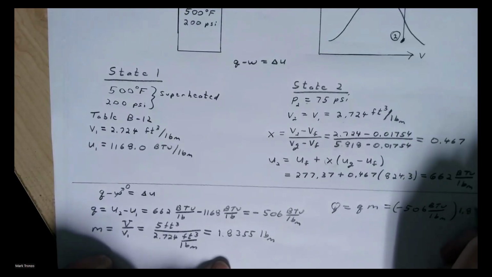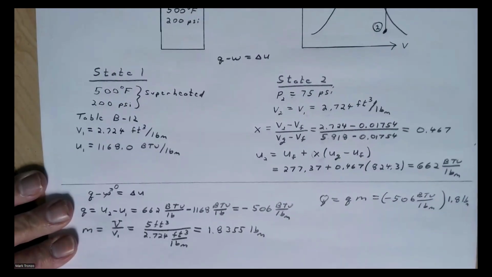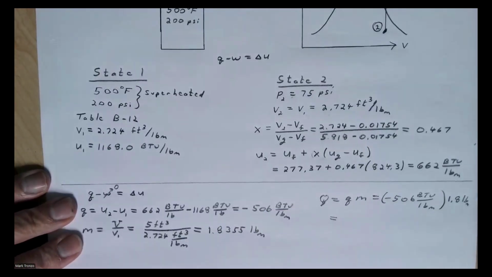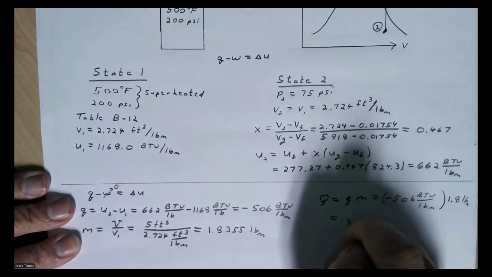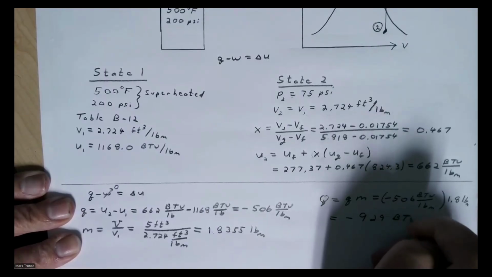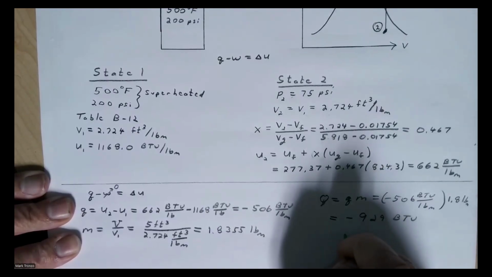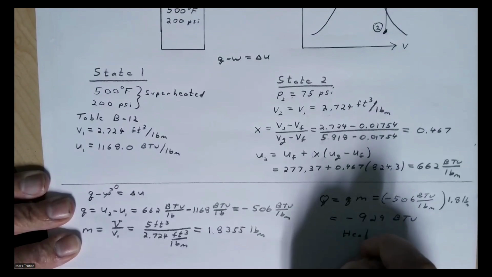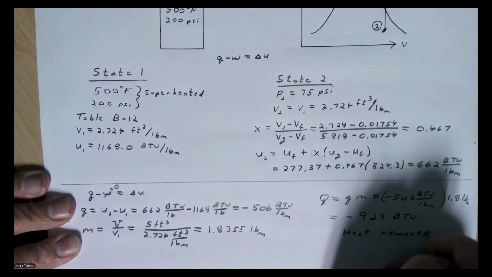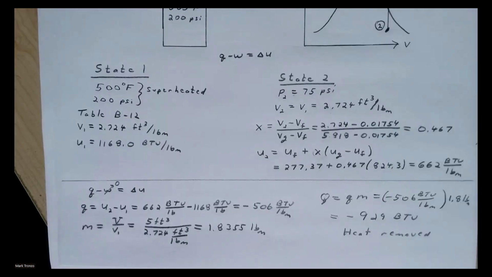I'll use all of the digits, but I don't have room to write them all in here. And when you multiply that up, I get 929 BTUs. Of course, that's heat removed, since it's negative. And there you have it.